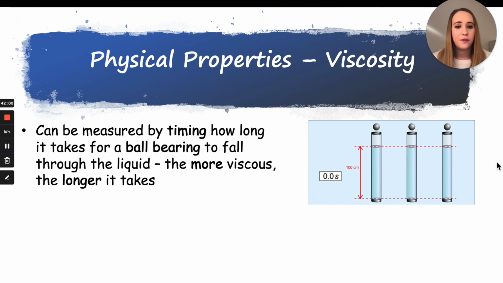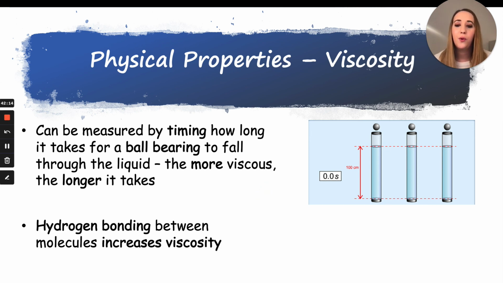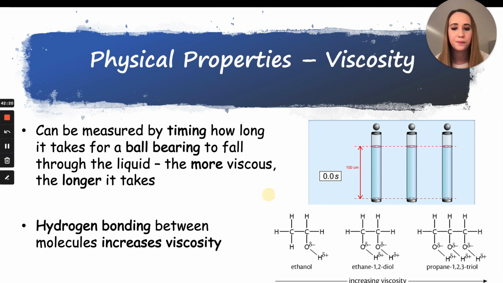Okay, so this sort of experiment is something you should recognise. There's not a huge amount to explain to do with viscosity, but something to watch out for is that it's very much affected by hydrogen bonding. So the more hydrogen bonding you have between molecules, the more viscous they'll be. If you look at some alcohols here, you've got one hydroxyl group.